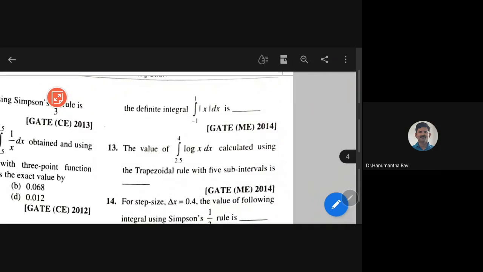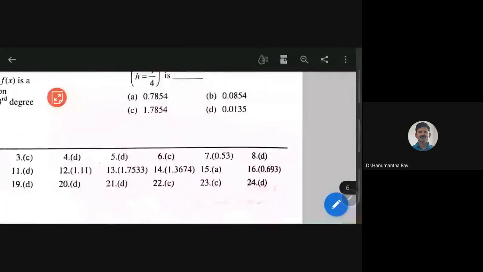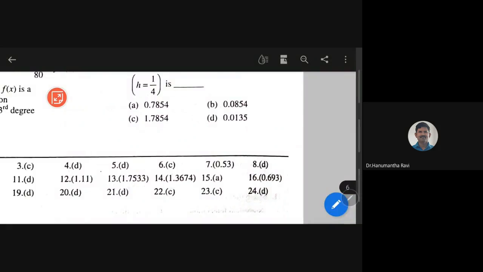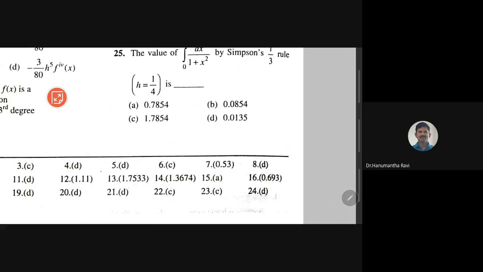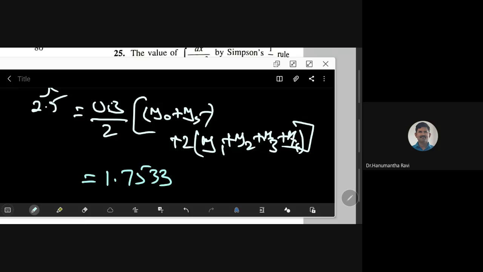Yeah, right. 1.7533. That is the 13th problem. We got this answer. Okay.